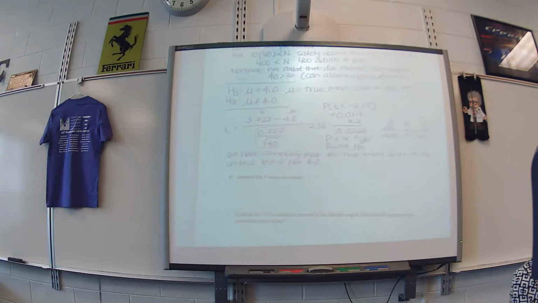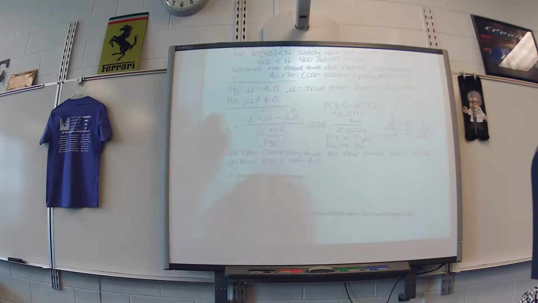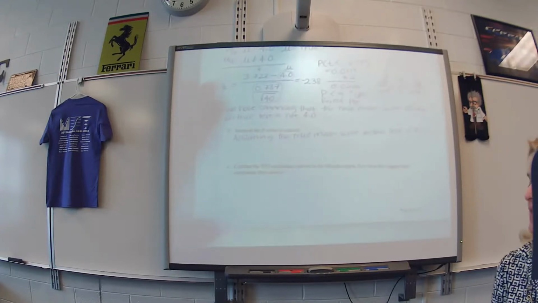Interpret the p-value in context. You should really know what this number represents. That's called your p-value. What that number is saying. Okay, first of all, let's back up. This was all based on this assumption. So you start by saying, assuming the true mean score on this test is 4.0. You've got to start with that. All the math was based on that.